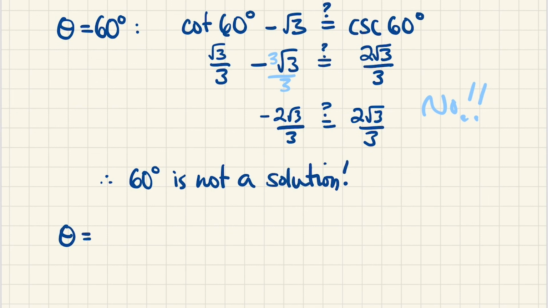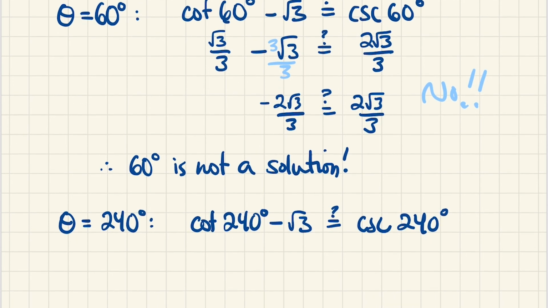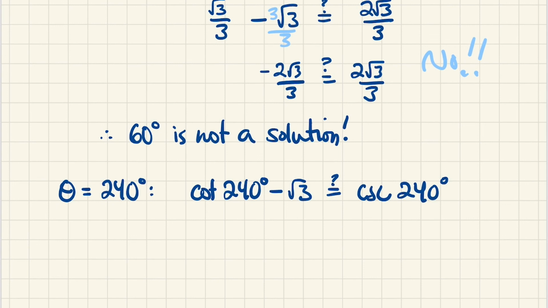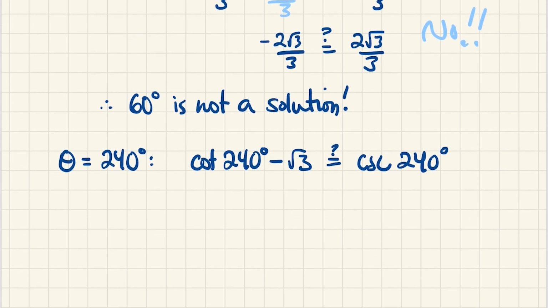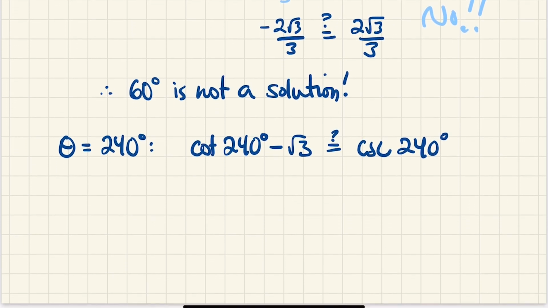All right, let's try the other one, 240. Is cotangent of 240 degrees minus rad 3 equal to cosecant of 240 degrees? Okay, well, what's the cotangent of 240 degrees? So 240 degrees is in quadrant 3, so cotangent's positive there. So this is going to be, again, rad 3 over 3 minus rad 3.